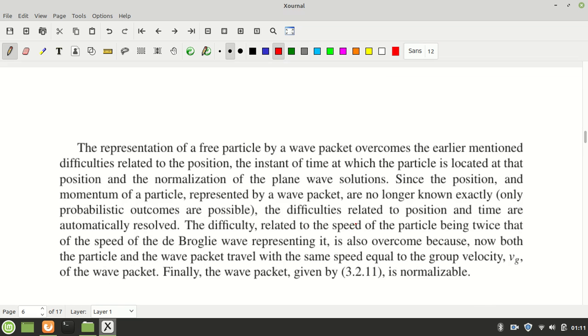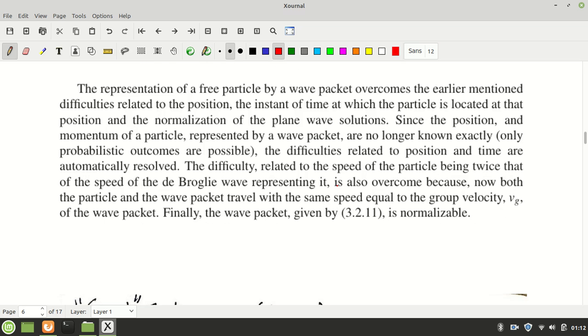And another thing, the velocity of the particle. We have seen that if you take the plane wave solution only, then the velocity of the particle is equal to twice the velocity of the wave, that is the phase velocity of the wave. But actually the particle is moving with the group velocity of the wave. It can be shown.